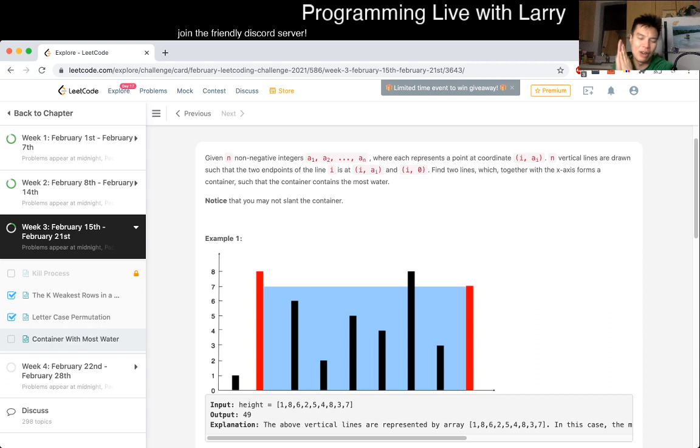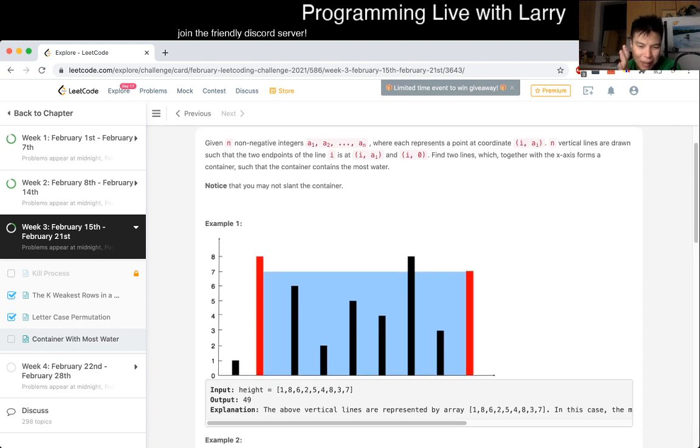So for example, just pick any random line and ask, if this is the rightmost line, what is the most water that you can get?